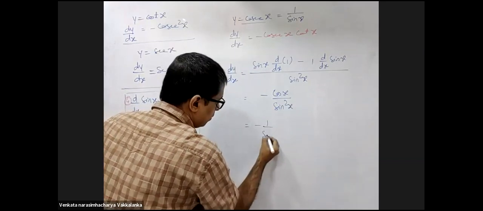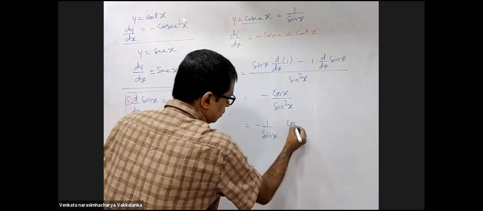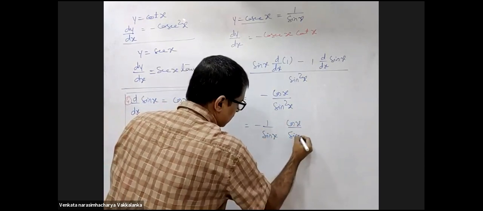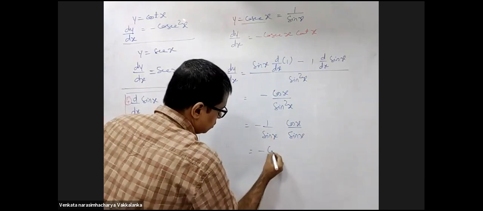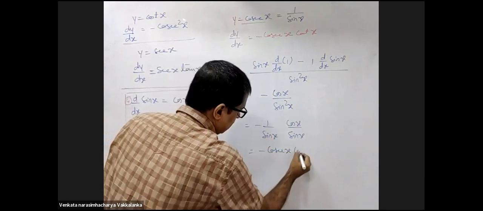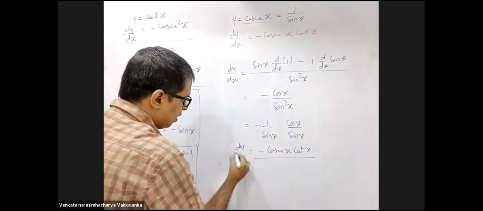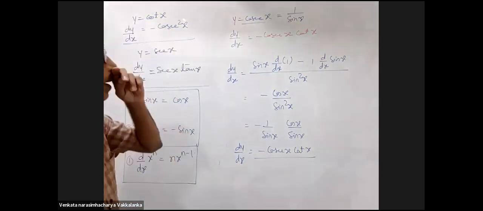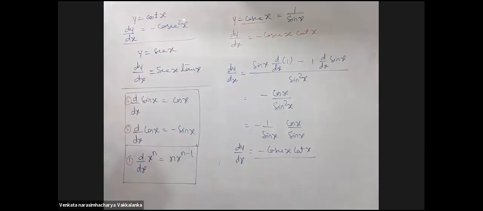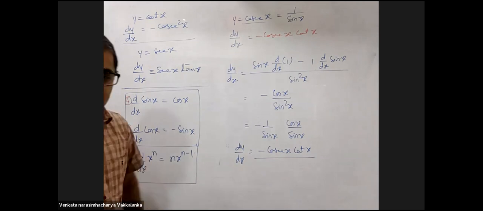Minus 1 by sin x, cos x by sin x. This is cosecant x cot x. So dy by dx for cosecant x is minus cosecant x cot x.